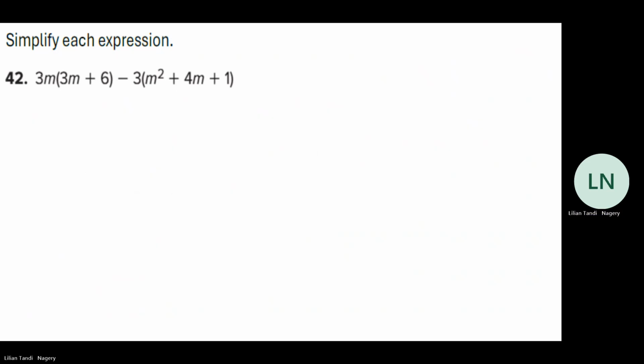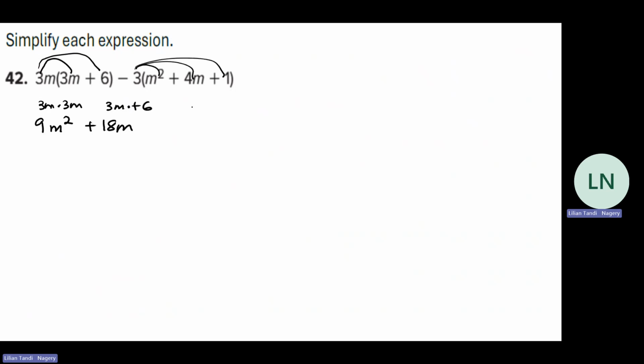Okay? So let us do this. That becomes 9m squared plus 18m. 3m times 3m, 3m times positive 6. So we have this, this, and this. Negative 3 times m, negative 3 times 4m, negative 3 times positive 1.